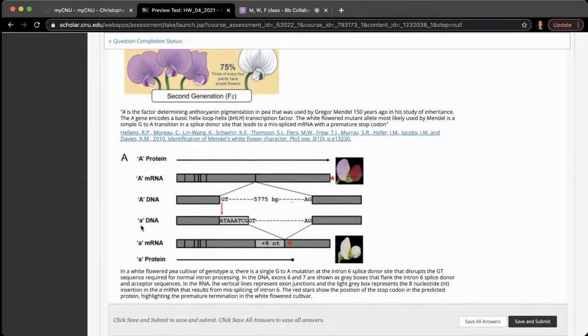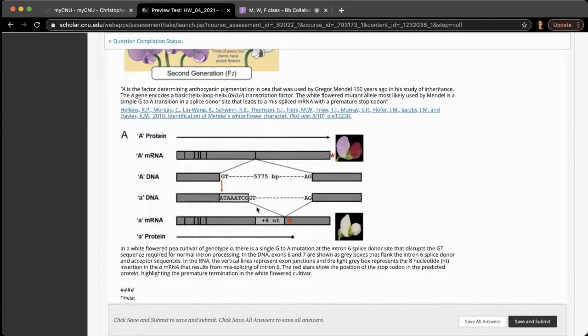But for the little a allele, in the DNA sequence, instead of having GT, you have an AT. So there is a one base change, which makes this intron different. You don't remove this part, and within this intron there's another GT, and that's when the cell recognizes, oh, I should cut here, not here.